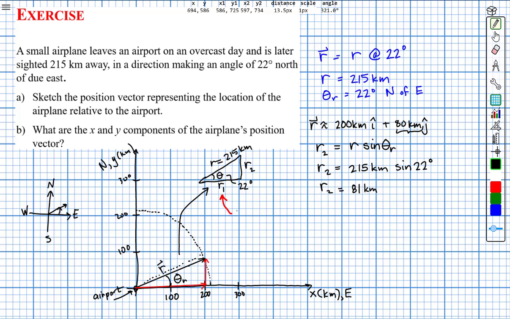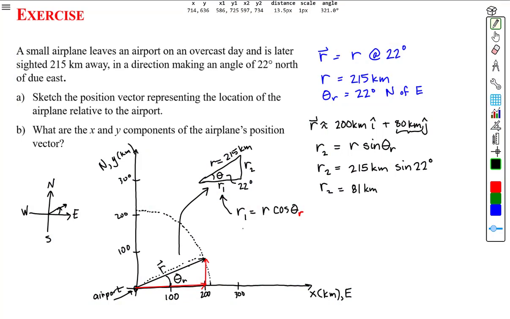Now remember from trigonometry, a side adjacent to an angle can be found with the help of the function cosine. So we're going to say that adjacent side, R1, is equal to the hypotenuse, R, times the cosine of our angle. So we have R1 is equal to 215 kilometers times the cosine of 22 degrees.